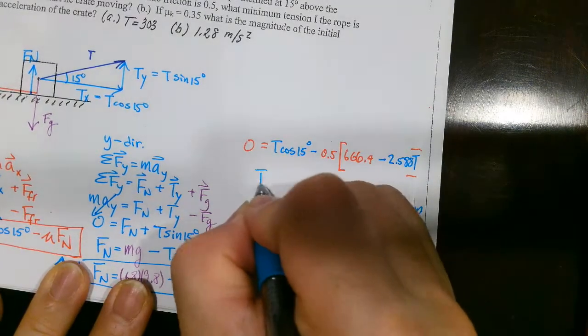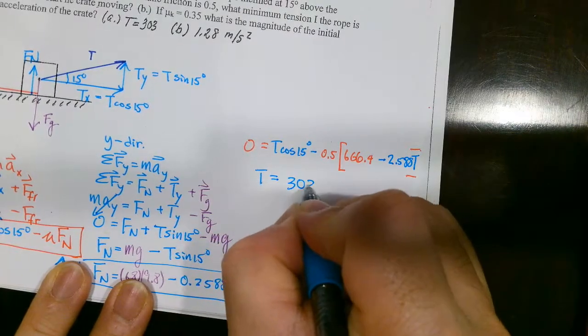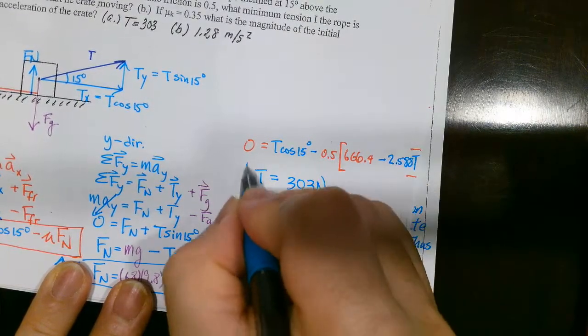So tension should come out to 303 newtons.